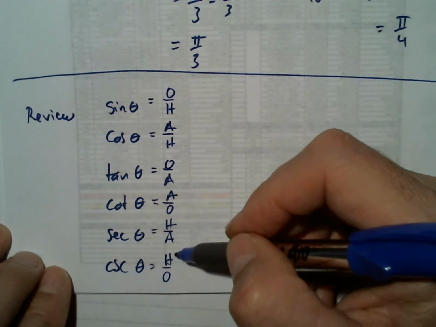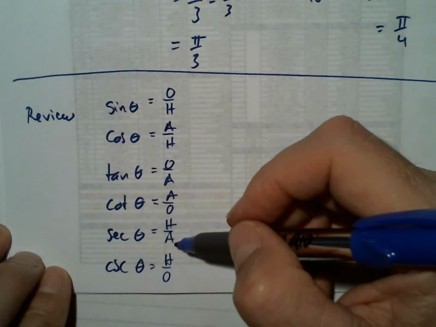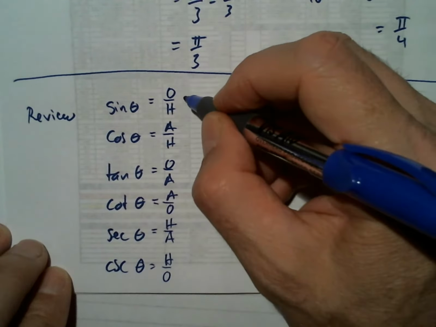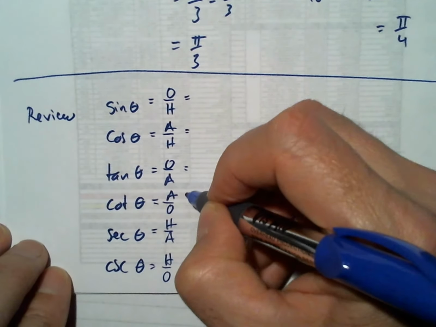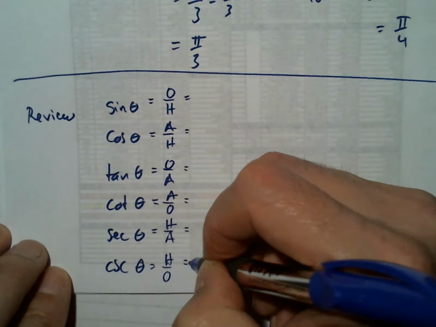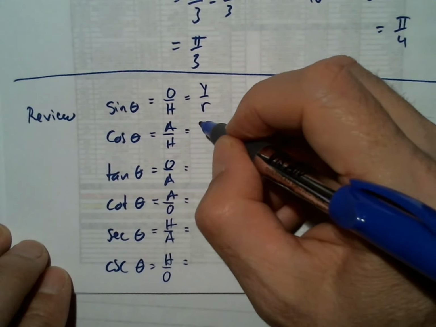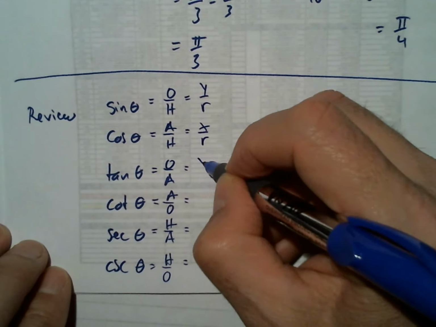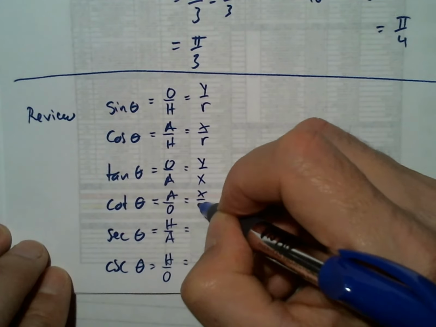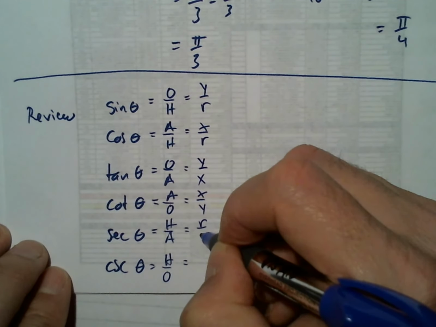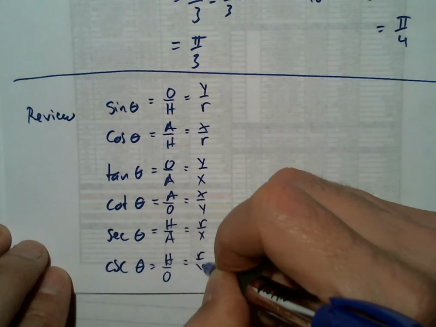These work if you have a triangle, but if the angle is on an axis, then you just have to know these in terms of x, y, and r. So this is going to be y over r, x over r, y over x, x over y, r over x, r over y.